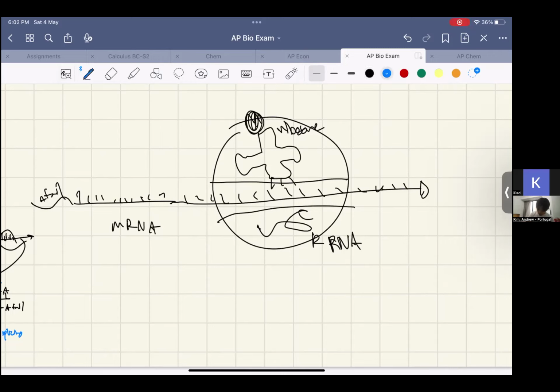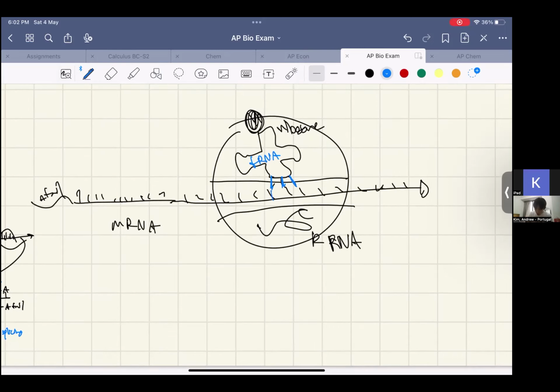Now, as you can see, there are 3 strands of whatever weird things that I drew, right? These 3 strands are also nucleotides. So what tRNA does is it's again like a Lego block, okay? Each always in a group of 3, a matching other group of 3 nucleotides will be brought by tRNA.